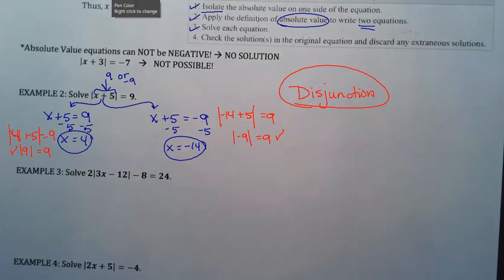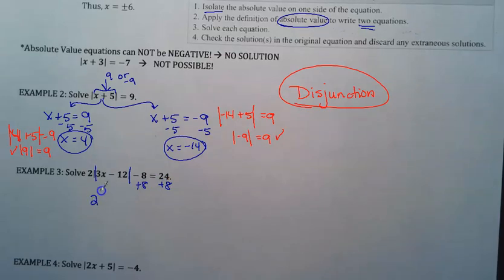A refresher from yesterday. Okay, so if we look at example 3, this time we have 2 times the absolute value of 3x minus 12, minus 8 equals 24. Step 1 is going to be a little harder because we have more to do. We do have to actually isolate the absolute value this time. So we're going to add 8 to both sides first, because it's the reverse order of operations, if you recall.